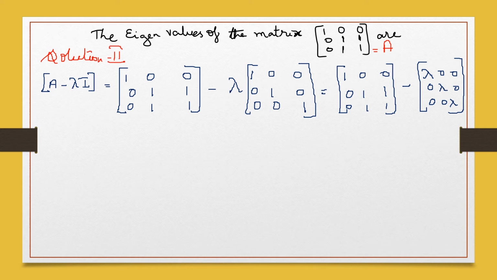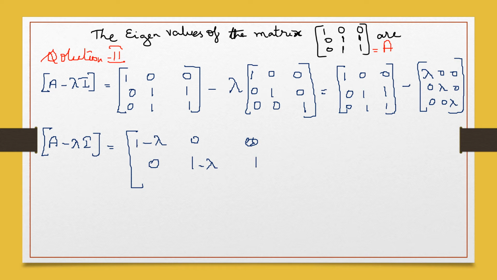So what I'll get is the matrix A minus lambda I, which is nothing but 1 minus lambda 0 0, 0 1 minus lambda 1, and again 0 1 1 minus lambda.